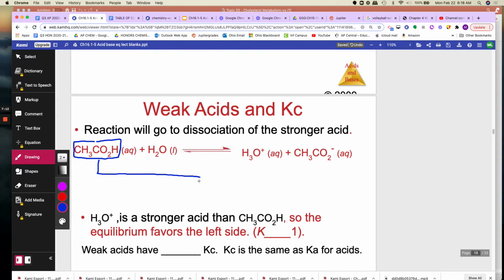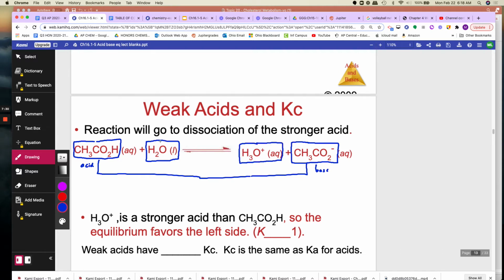So this is the conjugate pair, right? This is the acid. This is the base. Conjugate pairs. You also have another conjugate pair. This is the acid. This is the conjugate base.